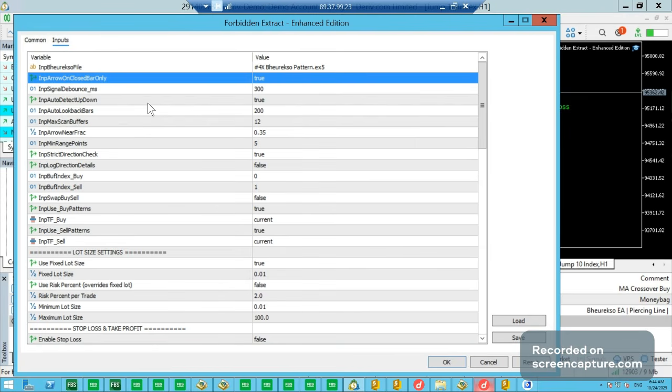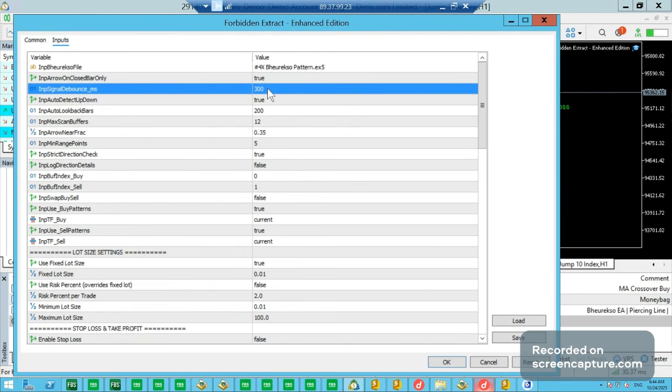This input signal debounce delays time to confirm signal stability. Just like we have some indicators that pop up and disappear immediately.